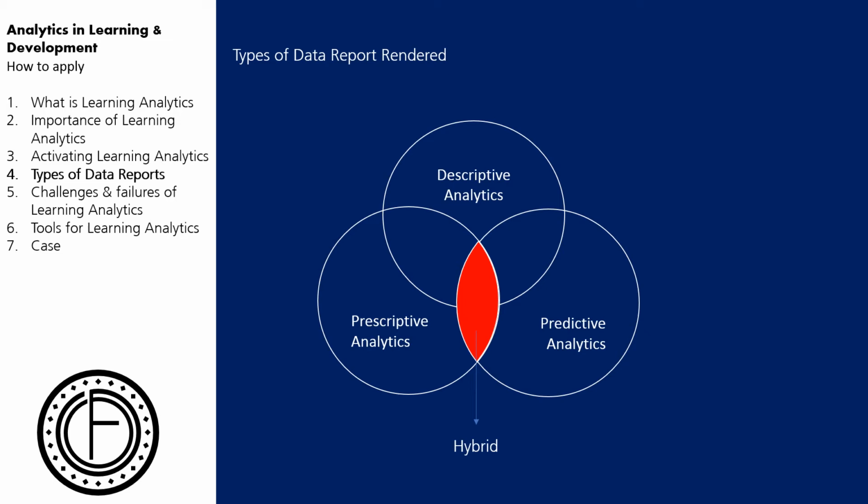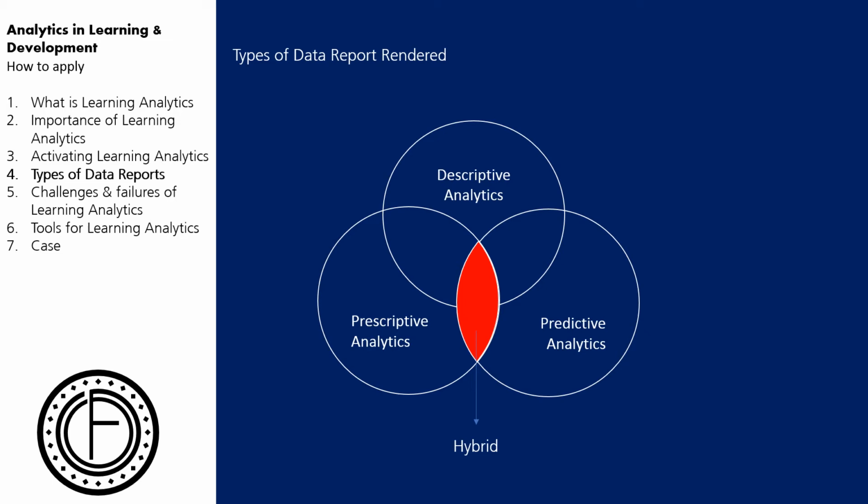Now, if you look at all of these three data reporting for analytics, if you bring the three of them together, there's something I refer to as a hybrid. So your report should be a hybrid: descriptive in a way, providing a description of the situation, predicting, and also prescribing.